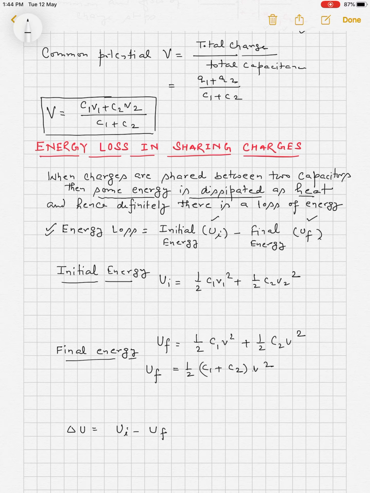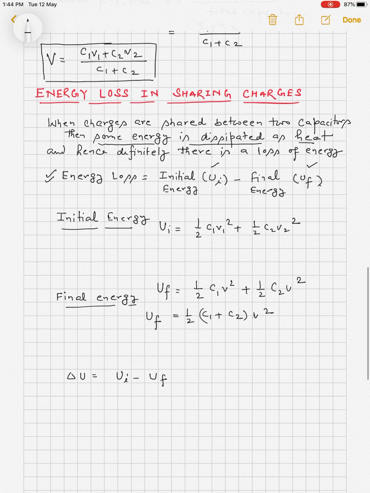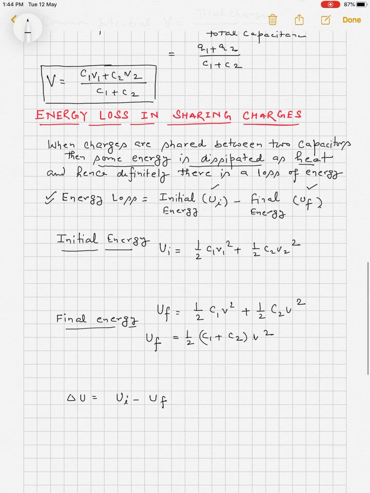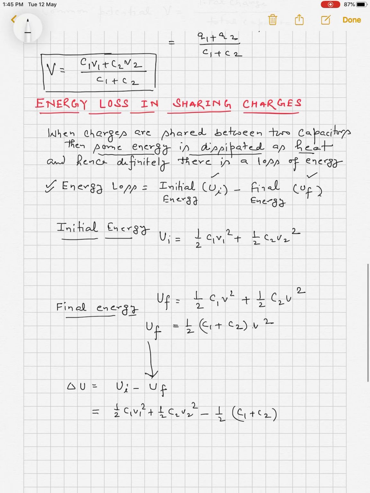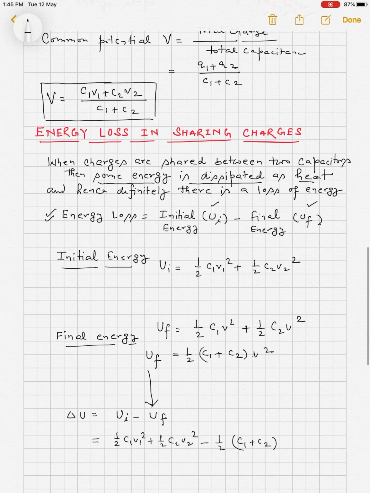Now we have to find the energy loss, that is delta U. So delta U is equal to Ui, Ui is half C1 V1 square plus half C2 V2 square, minus Uf. So putting the value of Uf, minus half (C1 plus C2) V square. So the value of V should be put here.